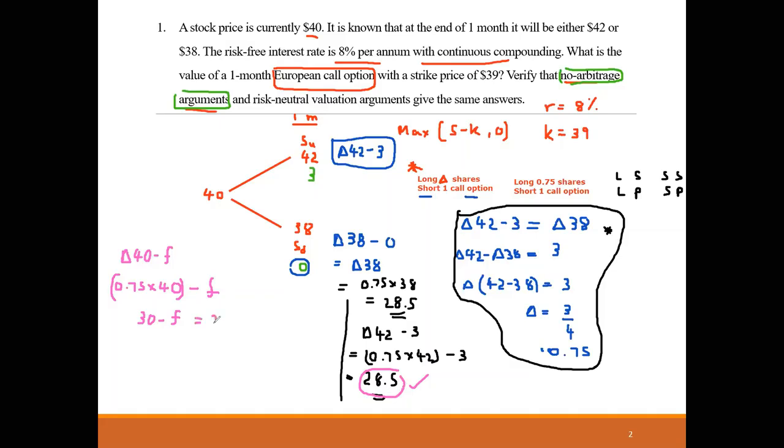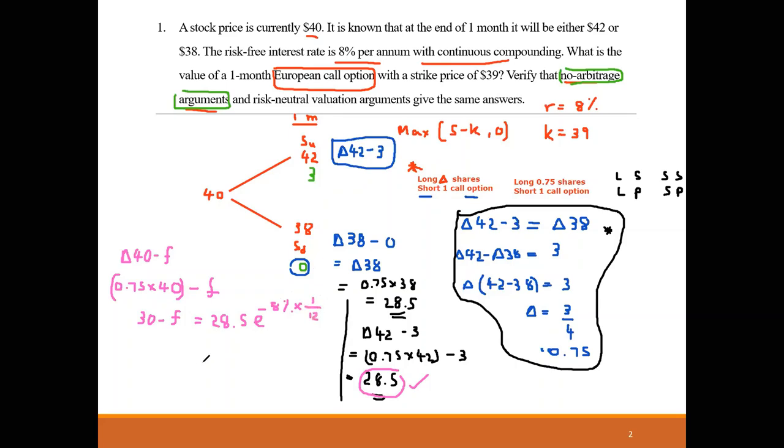You can take the present value of 28.5, multiplied by e to the power minus 8% into the time. Time is, here we are looking at 1 month, so 1 over 12.